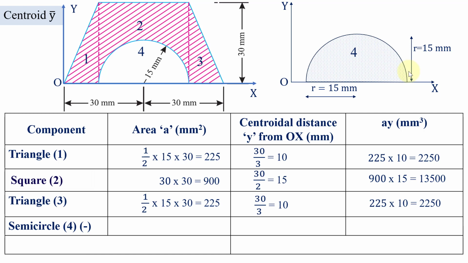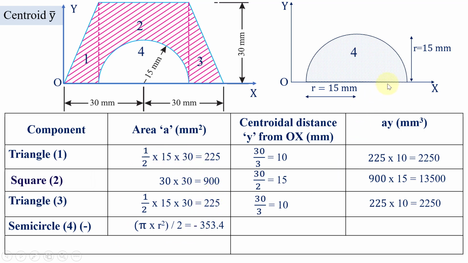Because for circle the value is pi r square. Since it is a semicircle, pi r square divided by 2. So we got the value of minus 353.4. This represents the area of this semicircle. The minus sign indicates this value has to be subtracted from the rest of the areas.